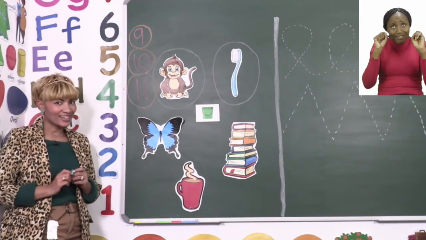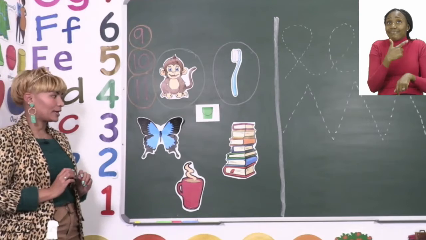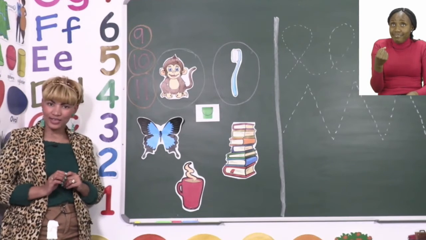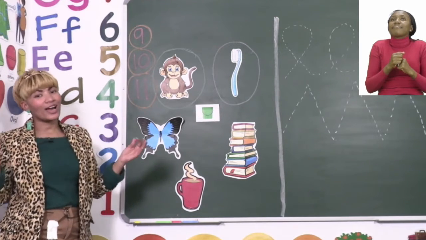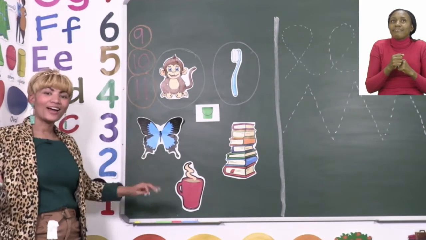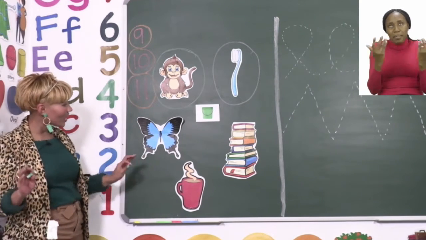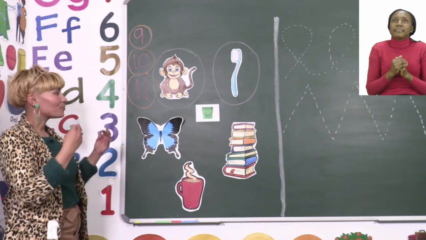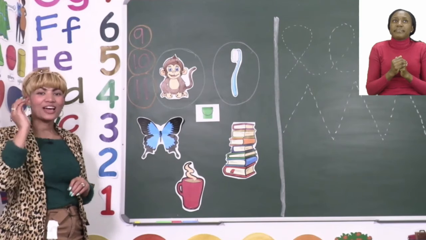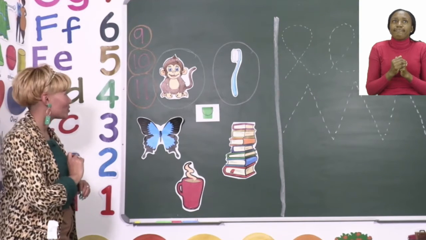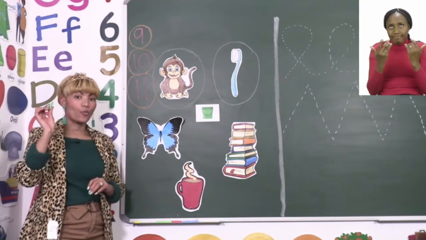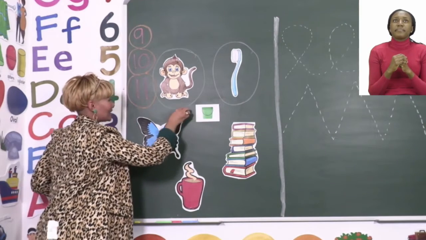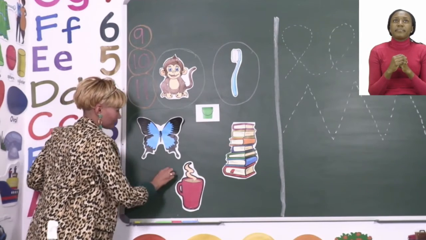So I think the butterfly will be a living thing because it can do all kinds of fun things, fly around, fluttering its wings, and living and eating and breathing. So now, boys and girls, I want you to take your green crayon or pencil and circle.